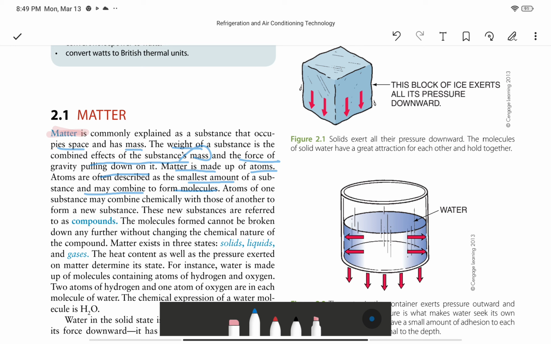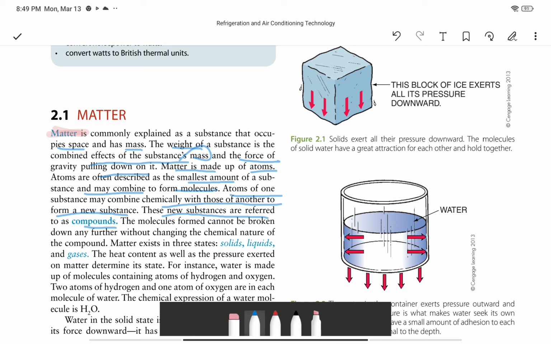Atoms of one substance may combine chemically with those of another to form a new substance. These new substances are referred to as compounds.